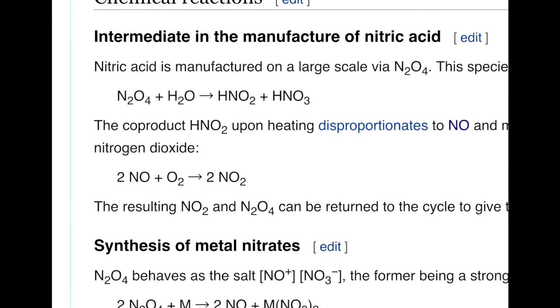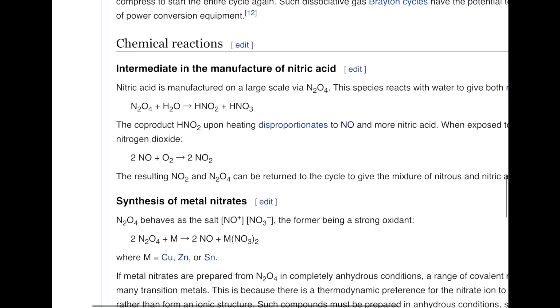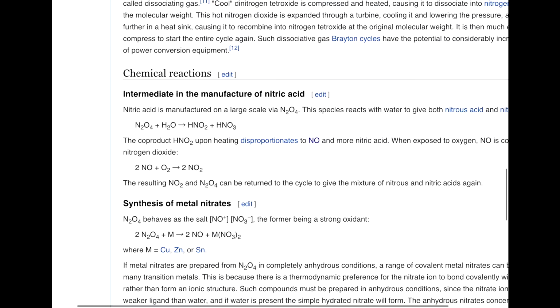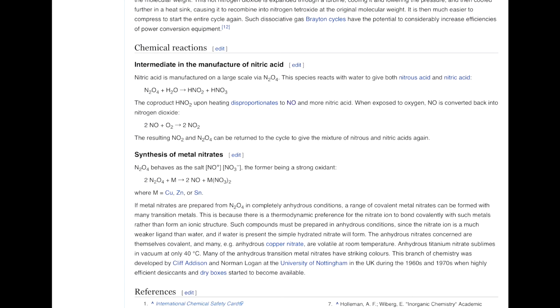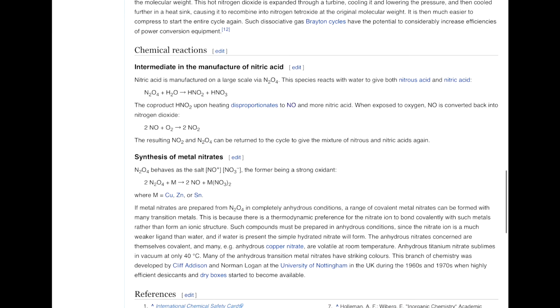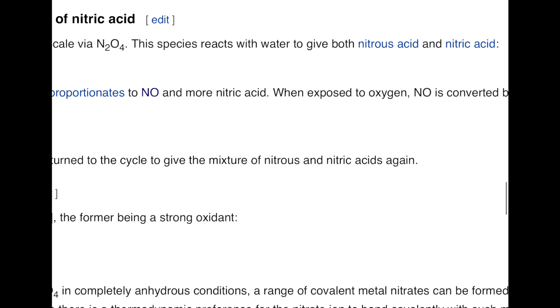We can see that the nitrous acid disproportionates to NO, which, as we know, is another NOx gas that's problematic in smog and stuff like that. And that can be converted further with oxygen to more NO2, which can then form more N2O4, and then can be returned to the cycle to give the mixture of nitrous and nitric acids again.